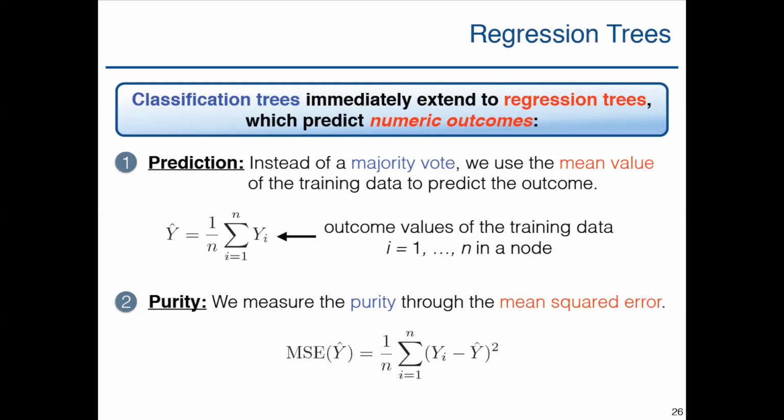So जो भी आपको split सबसे कम mean squared error दे रहा है, ये सबसे ज़्यादा improvement दे रहा है from parent to the child, that is the one that you're going to be using. So instead of the entropy measure or the Gini's index measure, you're going to use mean squared error in this case.